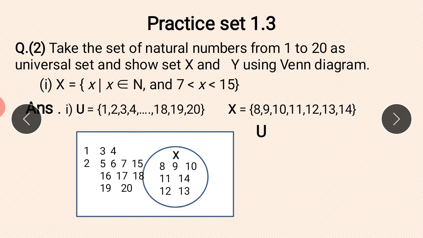And the remaining elements of the universal set are denoted outside of that circle. That is 1, 2, 3, 4, 5, 6, 7, 15, 16, 17, 18, 19 and 20. Then your Venn diagram is completed.